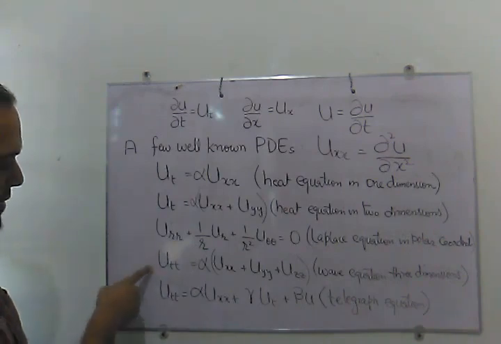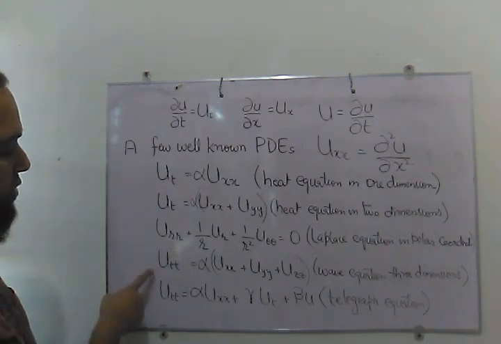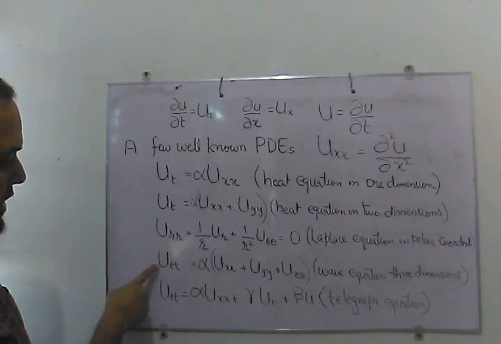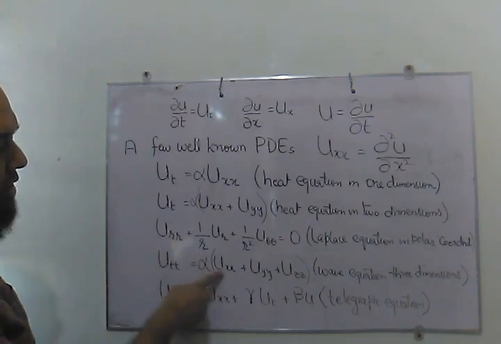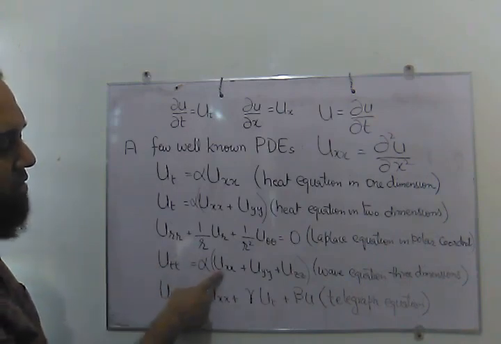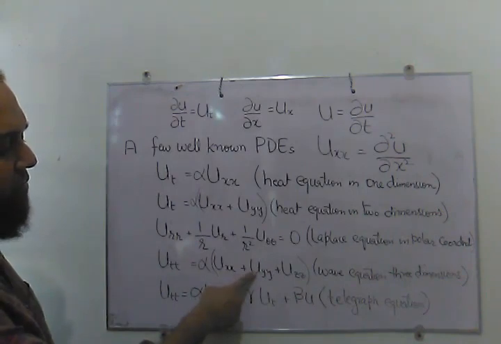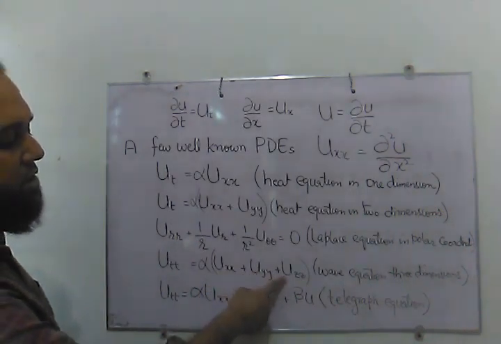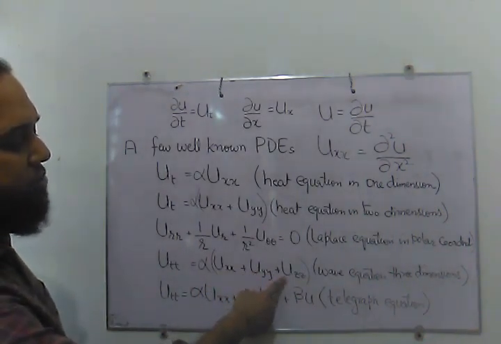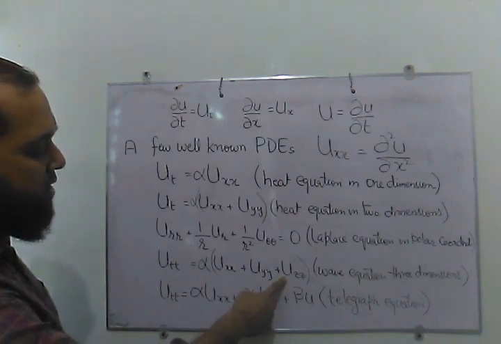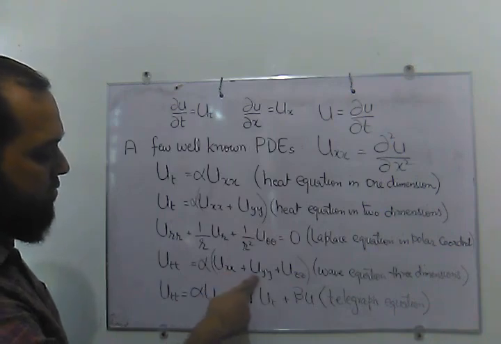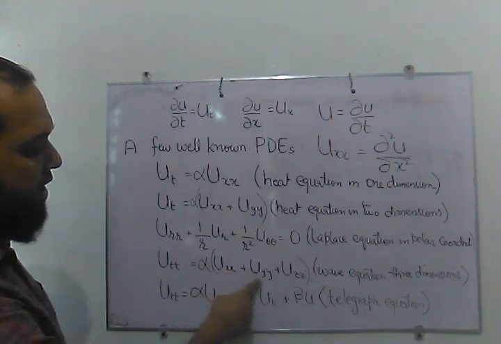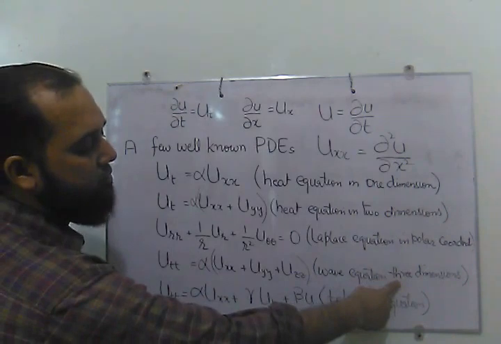But again, if we see this equation, we can only say that this is an equation in which u represents something, but this is the double derivative with respect to t. This is double derivative with respect to x. This is double derivative with respect to y. This is double derivative with respect to z. And because all three space coordinates are present, x, y and z, this is 3 dimension.